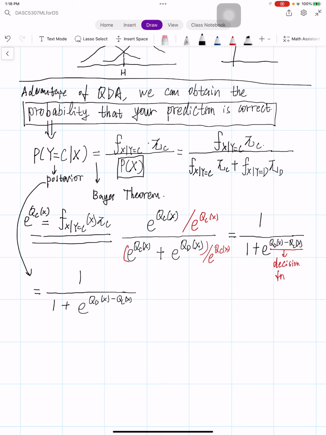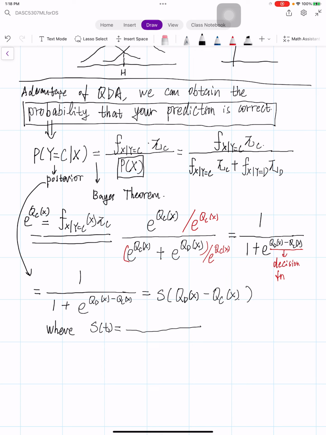Actually this can be written as a function S of QD of x minus QC of x, and this S function is very, very popular.